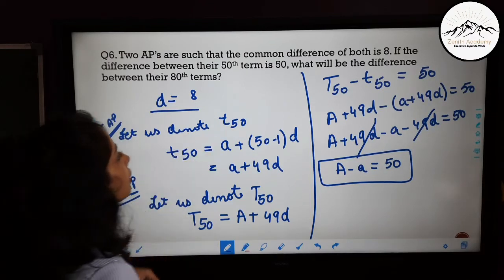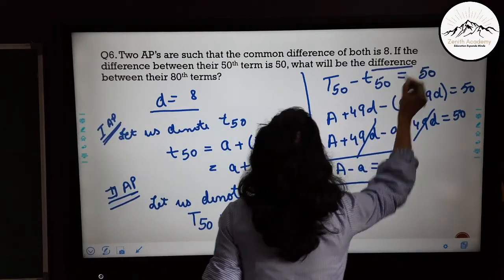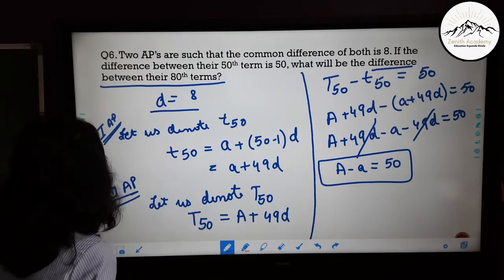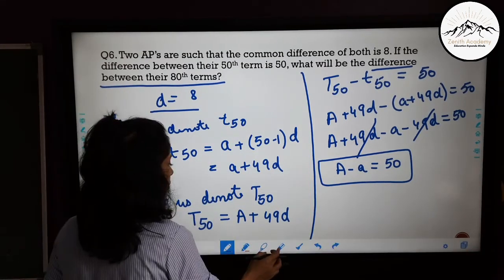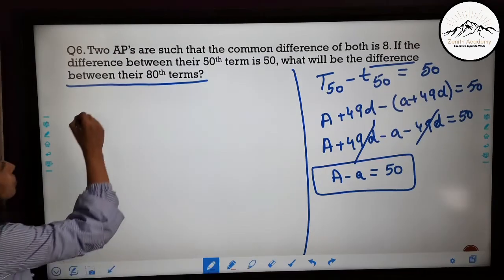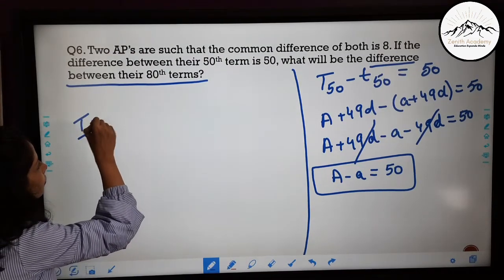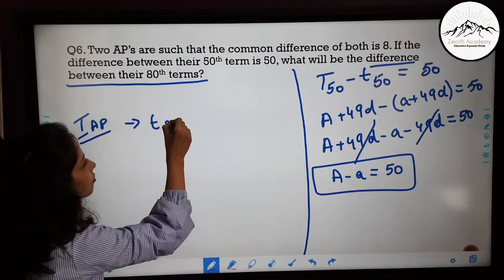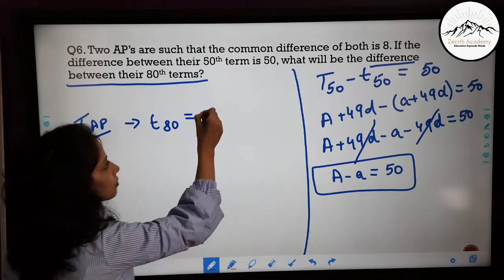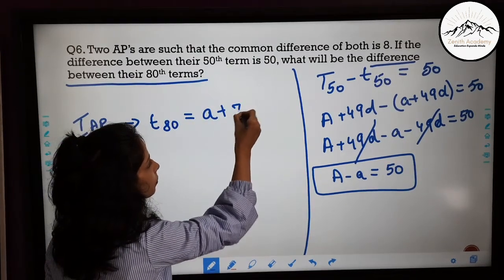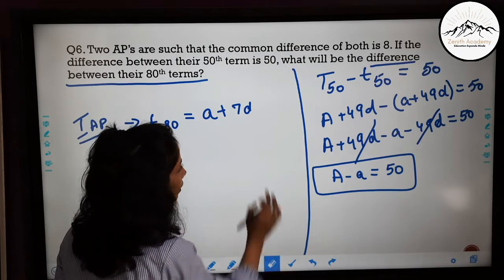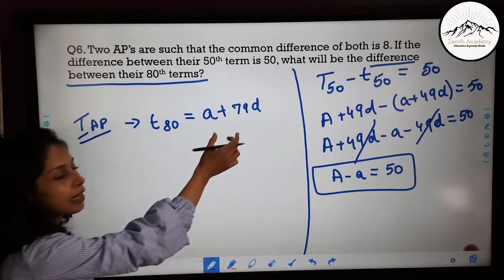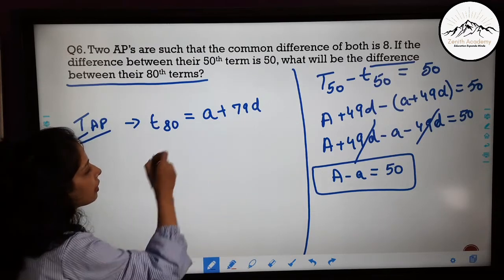What we need to find is the difference between their 80th terms. So for the first AP, our 80th term will be equal to a plus 79D. 80 minus 1 into D, that is 79D.